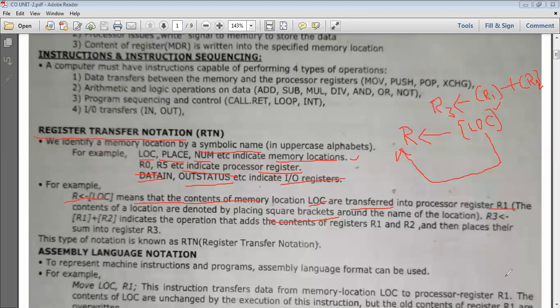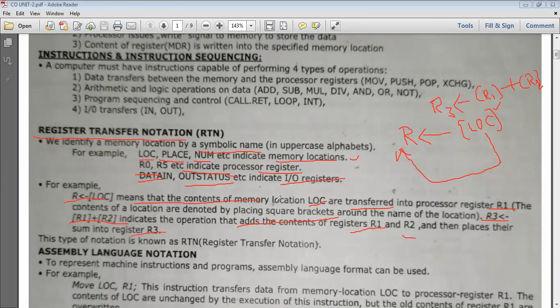See here, R3 arrow R1 plus R2. What is the meaning here? This indicates the operation that adds the contents of register R1 and register R2 and then places their sum into register R3. This type of notation is known as register transfer notation.